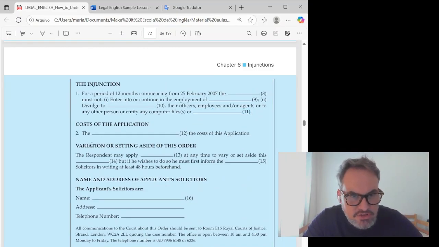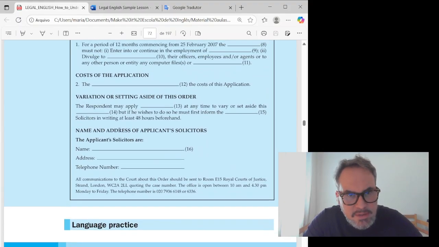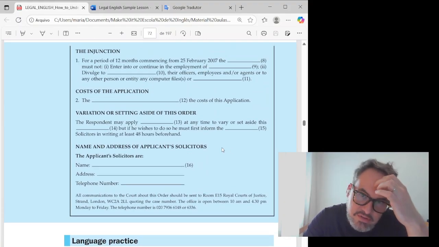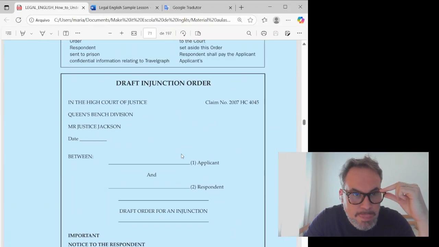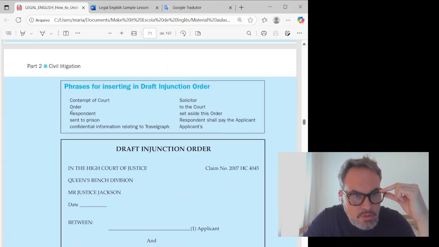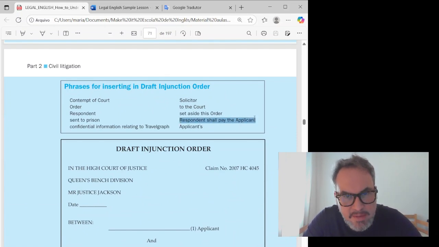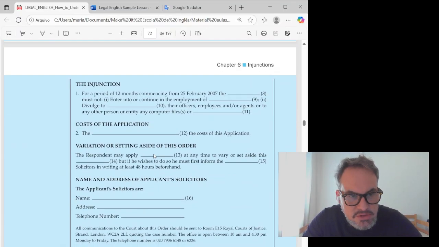Costs of the application. The costs of this application. Let's see. The respondent shall pay the applicant the costs of these applications.